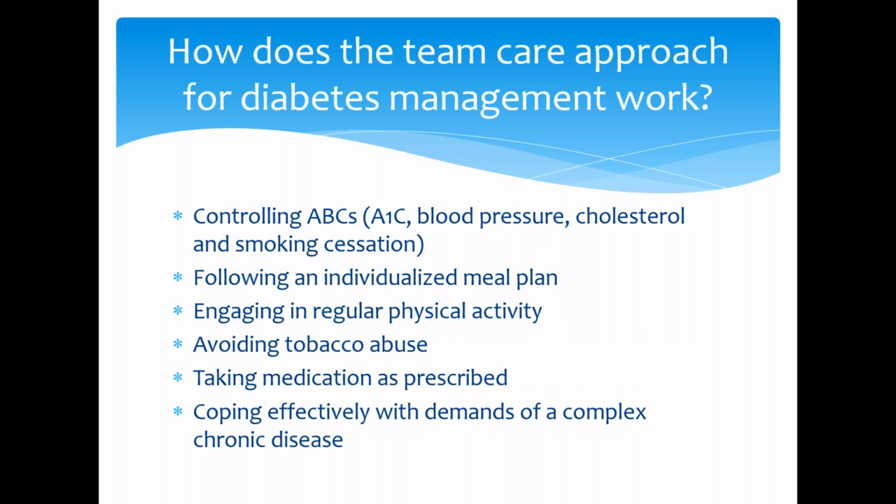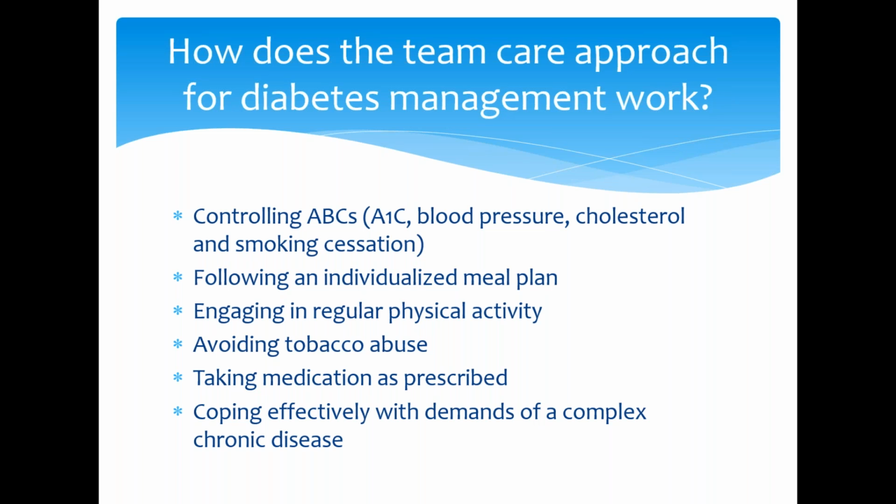So how does the team care approach for diabetes management work? A team approach to diabetes care can effectively help people cope with the vast array of complications that arise. People with diabetes can lower their risk for microvascular complications such as eye disease and kidney disease, and the macrovascular, like I was talking about, heart disease and stroke, and nerve damage.